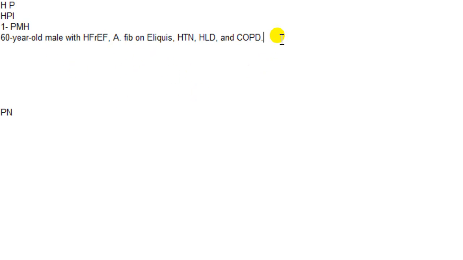Now the second part I would like is why they came in, like the things that we learned in medical school. For example, for the chief complaint, you can write the onset, severity, aggravating factor, relieving factor. So for example, the patient presented to the hospital with chest pain that started 3 days ago, period.